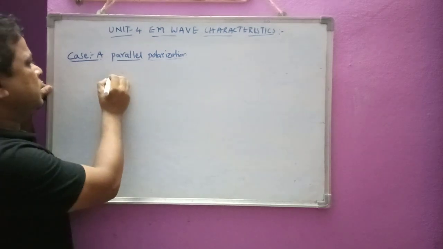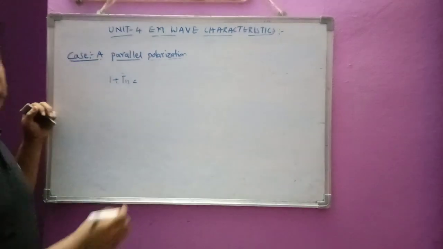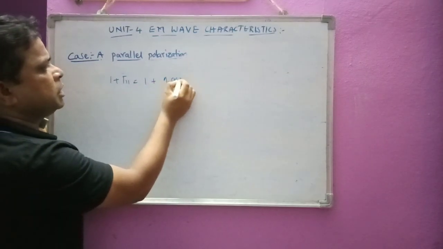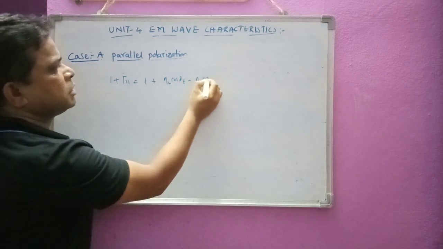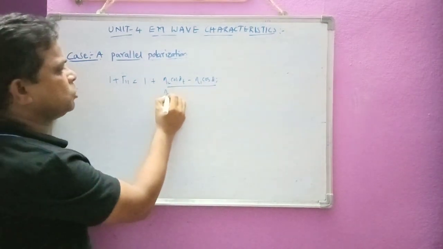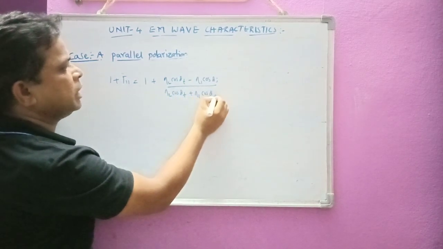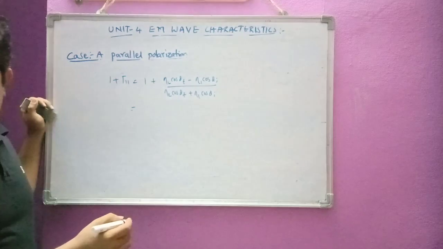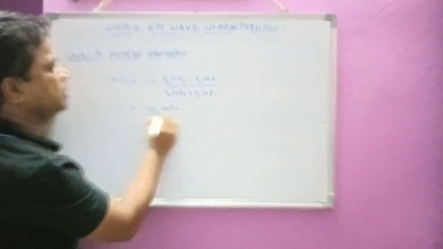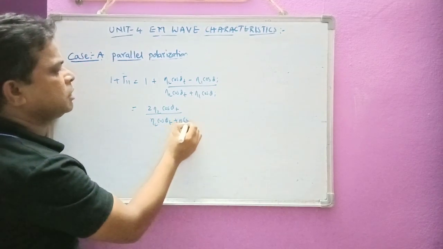So 1 plus gamma parallel, what is it going to have, let us see. We have already defined this one: 1 plus (eta 2 cos theta t minus eta 1 cos theta i) by (eta 2 cos theta t plus eta 1 cos theta i). This was the equation we got. If I add these, I get 2 eta 2 cos theta t by eta 2 cos theta t plus eta 1 cos theta i.